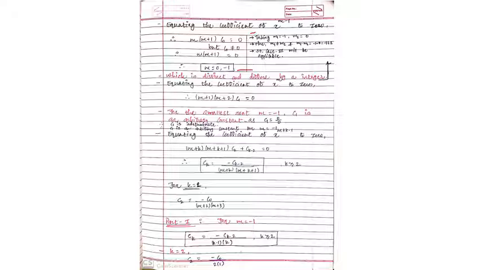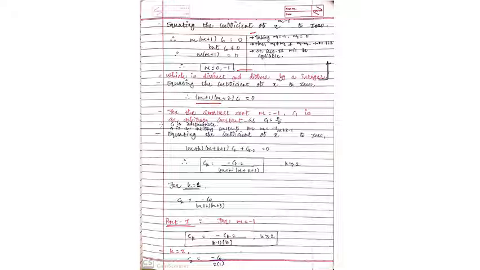Now equate the second term, which is (m+1)(m+2)c1 equals 0. Putting both values here one by one, you will check c1. First, putting minus 1: minus 1 plus 1 is 0, so you will get an indeterminate form.